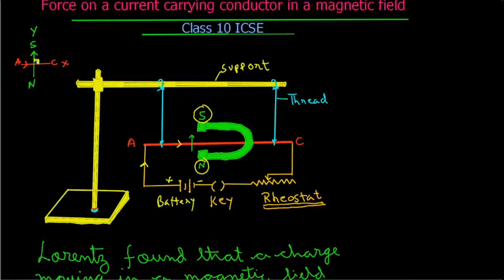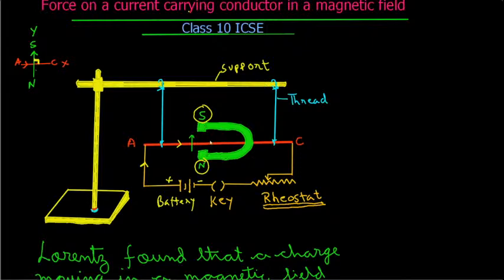The force experienced is maximum when the direction in which the charge is moving is perpendicular to the direction of the magnetic field.